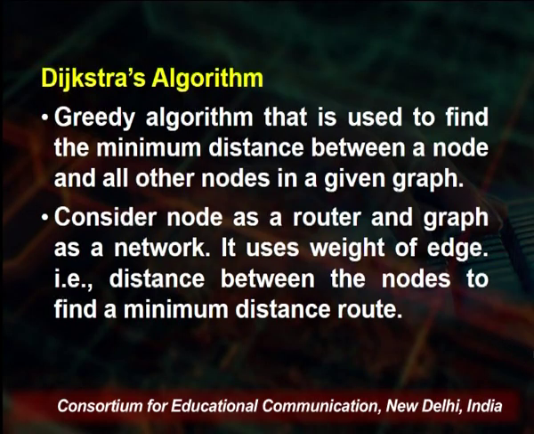So Dijkstra's algorithm is a greedy algorithm which is used to find the minimum distance between a node and all other nodes in a given graph. Let us say the node is nothing but a router, and the graph depicts the whole network. It can use any metric, the weight of an edge can be a metric like the distance between the nodes, and in order to find the minimum distance we are going to use this algorithm.